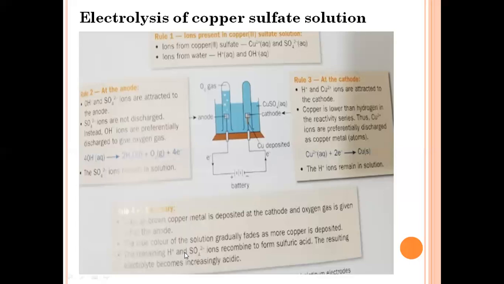So what happens at the end? Yes, H positive and SO4 2 negative are oppositely charged ions, both attract together and form a new compound which is sulfuric acid. It means after electrolysis, the product which we obtain is sulfuric acid.